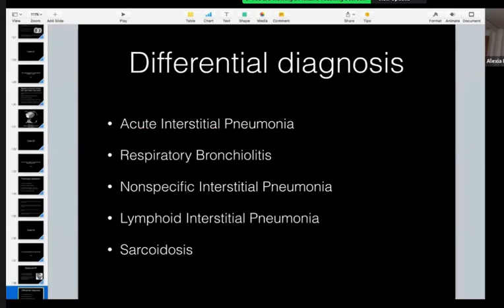So the differential would be any inflammatory process occurring at the level of the bronchi.